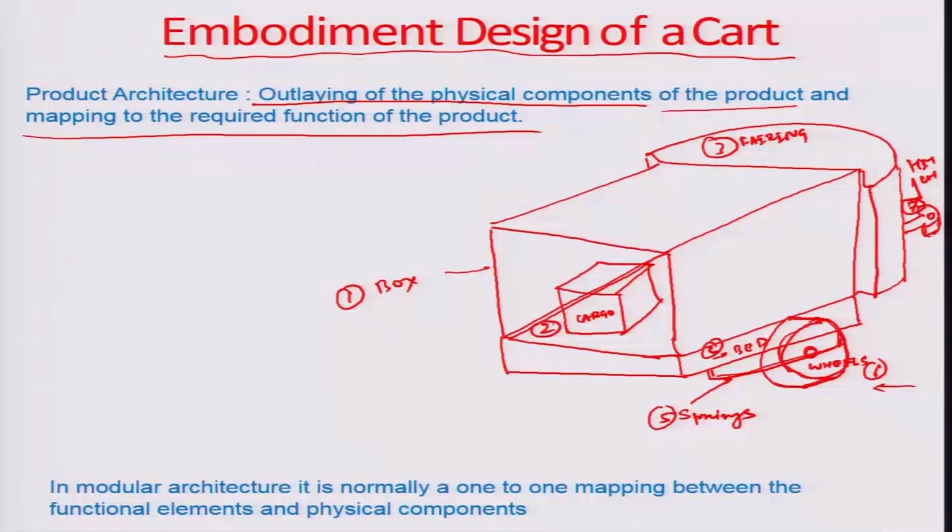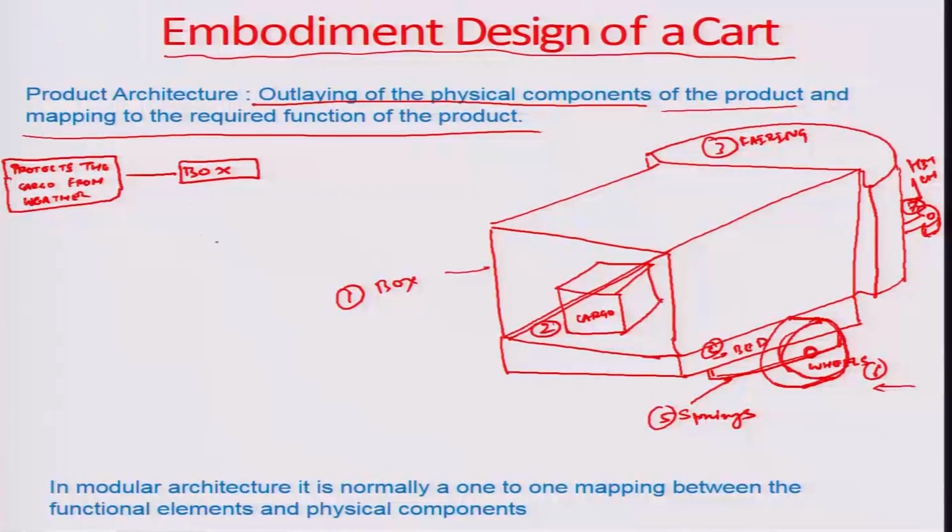And if I wanted to lay out the different components and their associated functionalities, for example, the box in this case would be providing protection of the cargo against weather. Okay. So, we can say that the box protects the cargo from extremities in the weather condition.